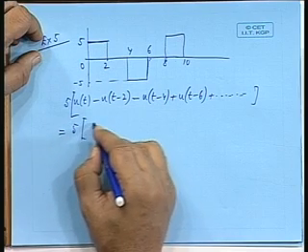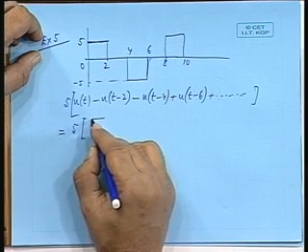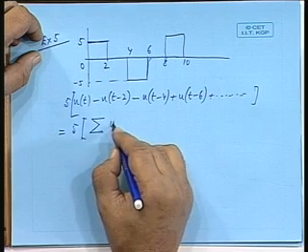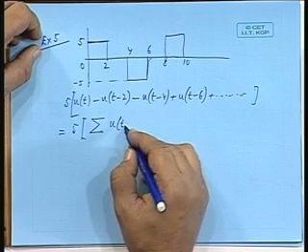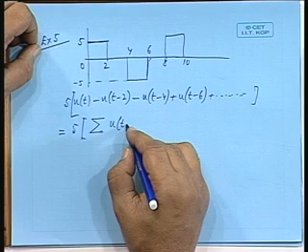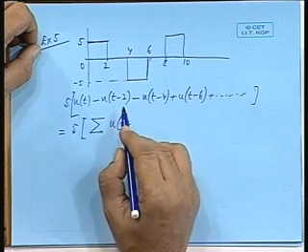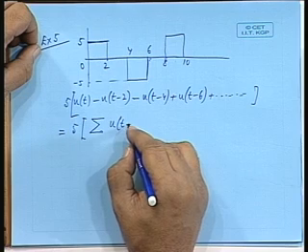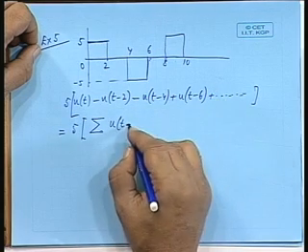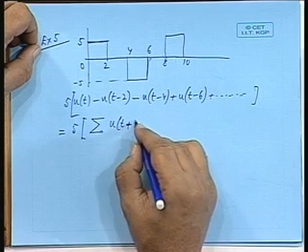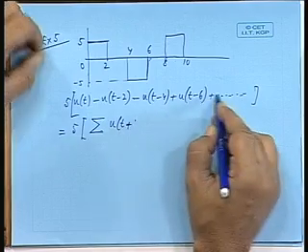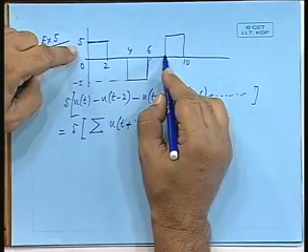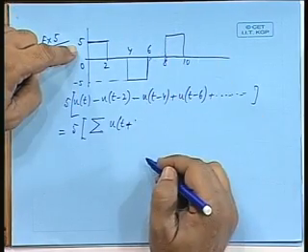I can write this as summation of u(t) minus u(t minus 2), okay, plus, after 8 seconds again it is plus u(t).